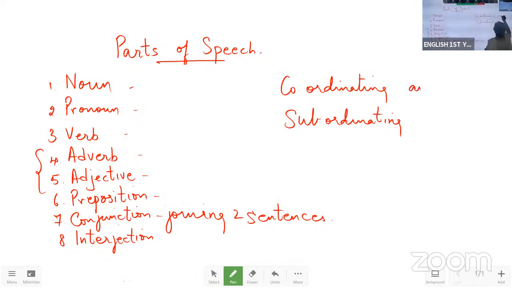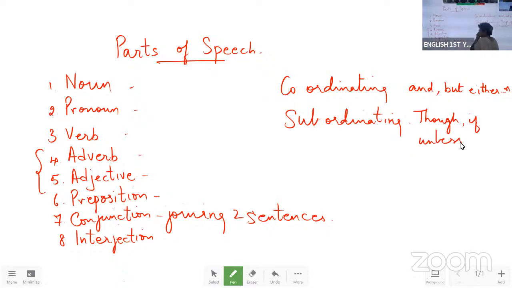Coordinating: and, but, either or, neither nor, not only but also. All these are coordinating. Subordinating is though, although, until, unless, if. All these are subordinating.